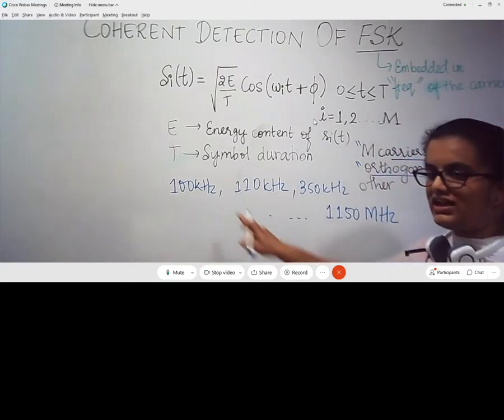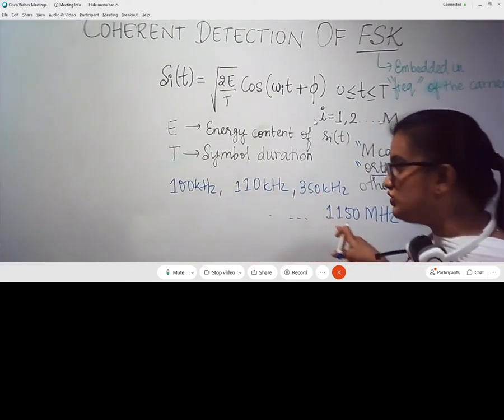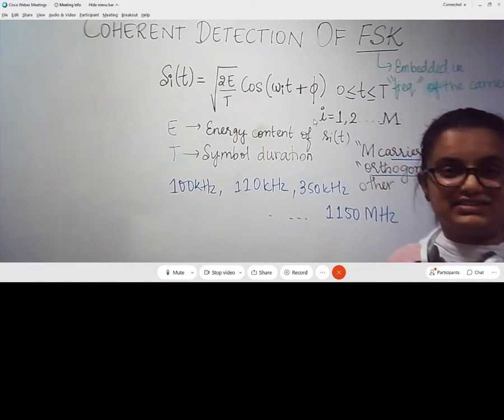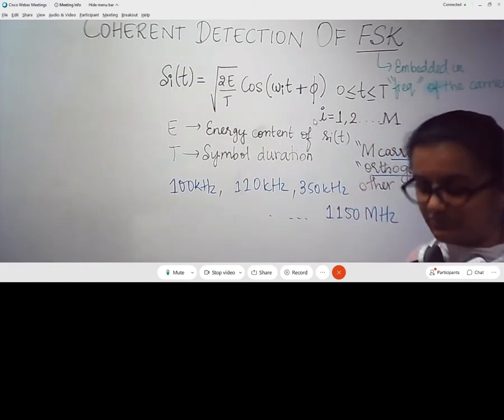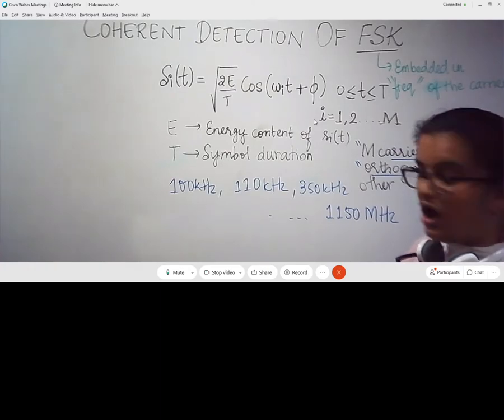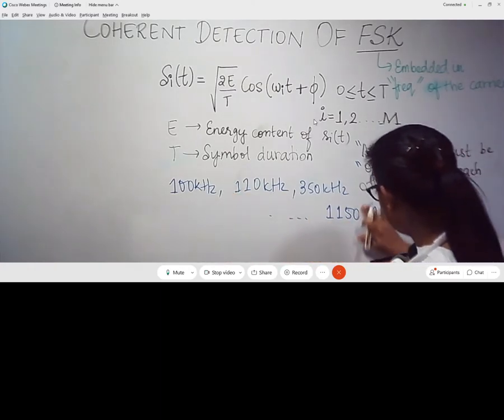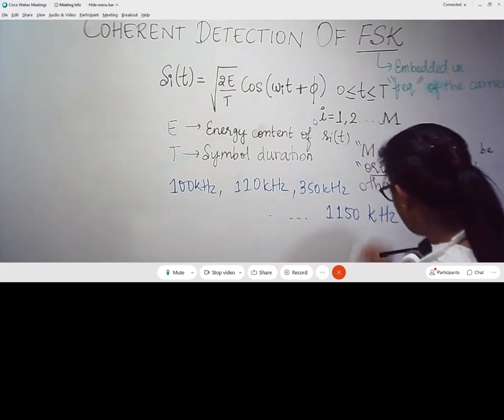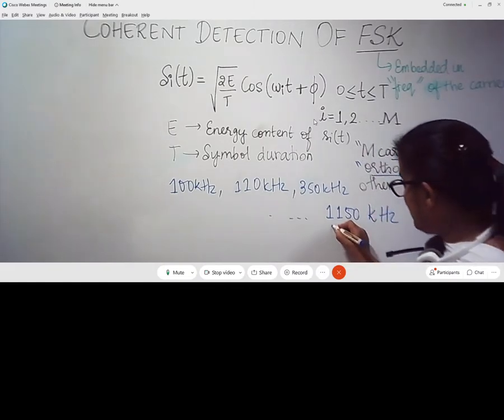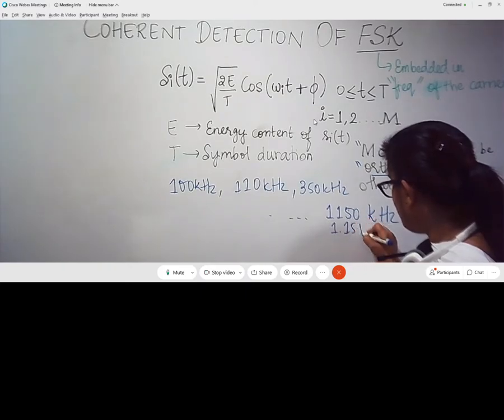So you see, there is a variety of carriers used in representing the symbols for an FSK system. When I do so, how much bandwidth am I consuming? This is 1150k, so that amounts to 1.15 megahertz.